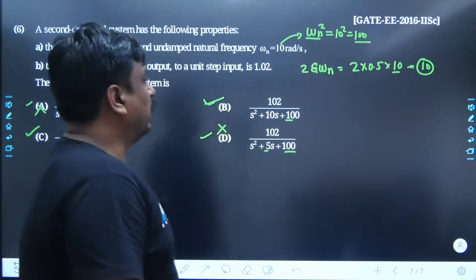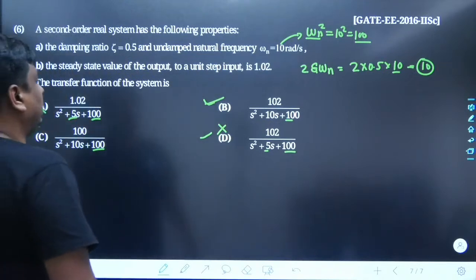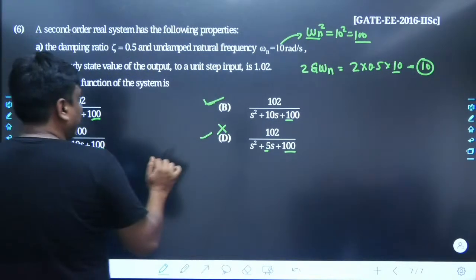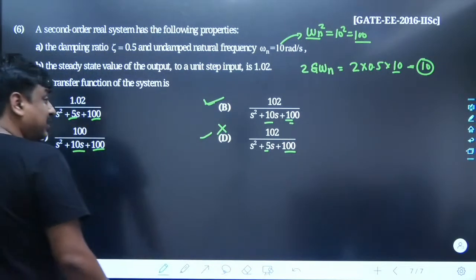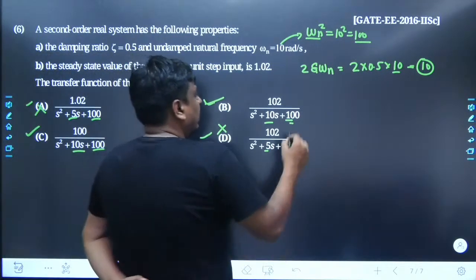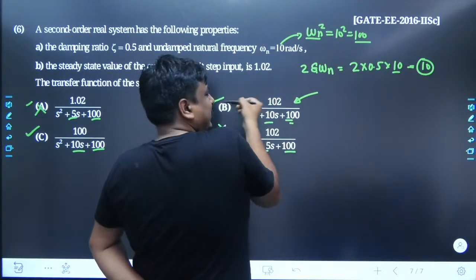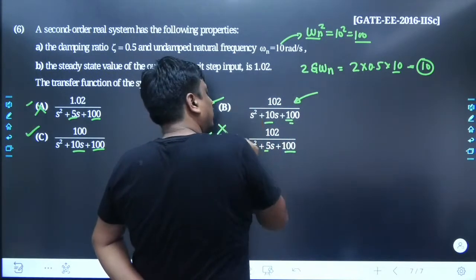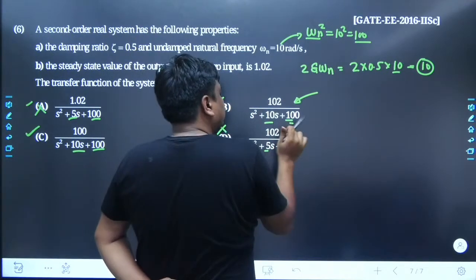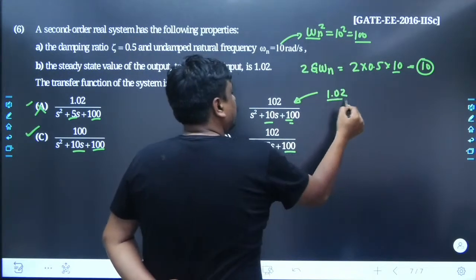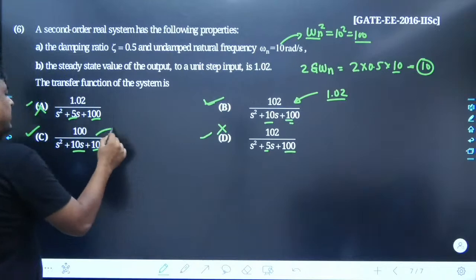Yes. And now they had been focusing over the steady state value. Although the value of zeta and omega n had been very same, their steady state values had been very different. If it had been excited with u of t, what would be its steady state value? It's going to be limit s tends to 0, 1 upon s, s is going to go out, this becomes 0, this becomes 0. In one option its steady state value has been 1.02 and in the other its steady state value had been 1.